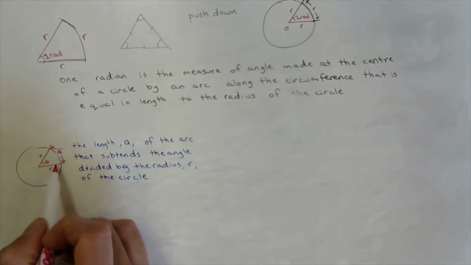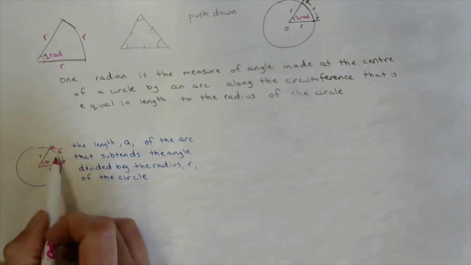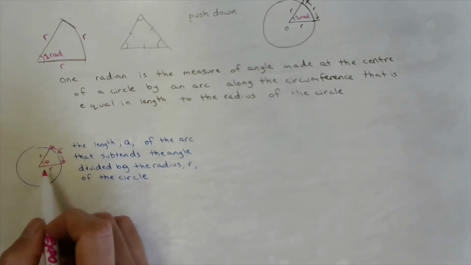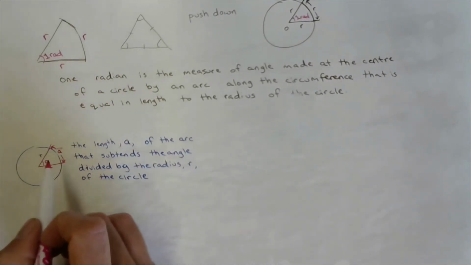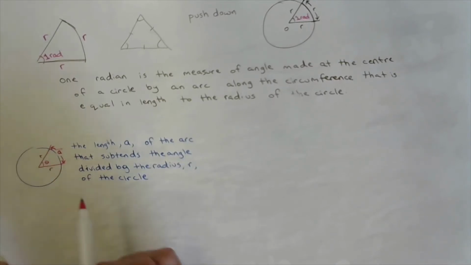In the case where we're dealing with 1 radian, A is the same as r. But that's not always the case. That's only the case for one particular angle, 1 radian. A is the arc that subtends the angle, the distance between those two radii along the arc.